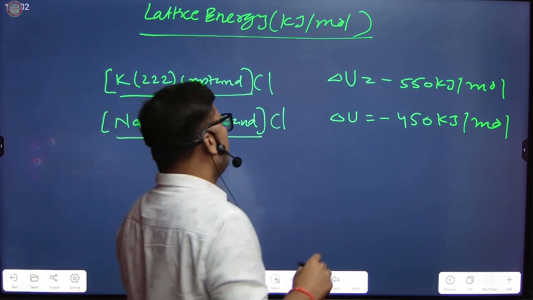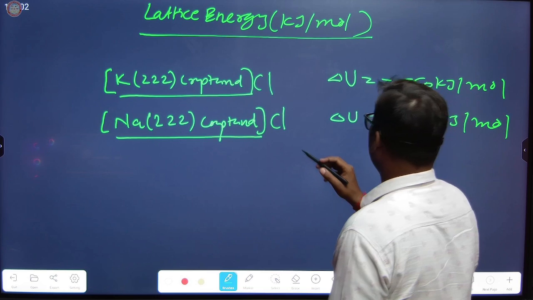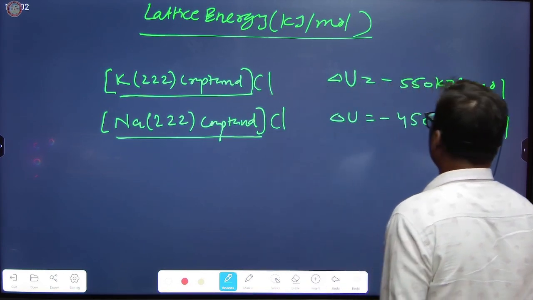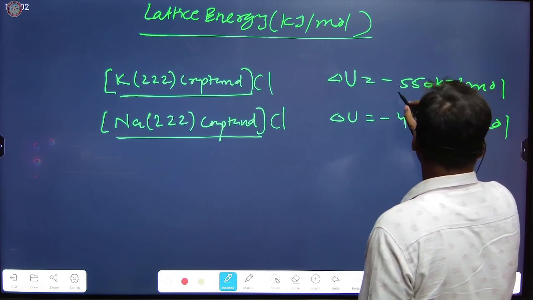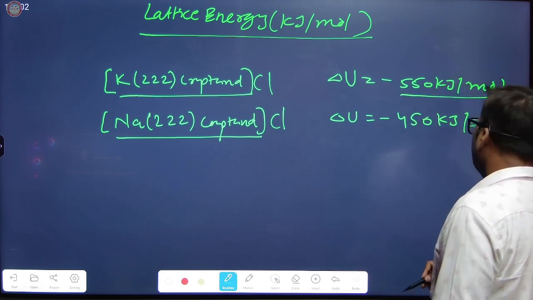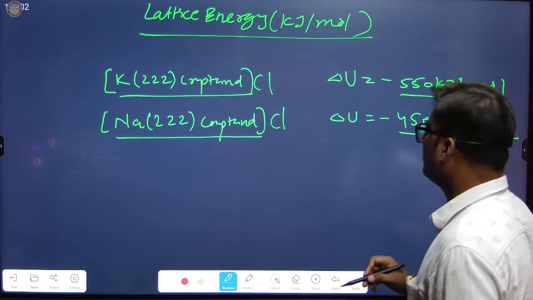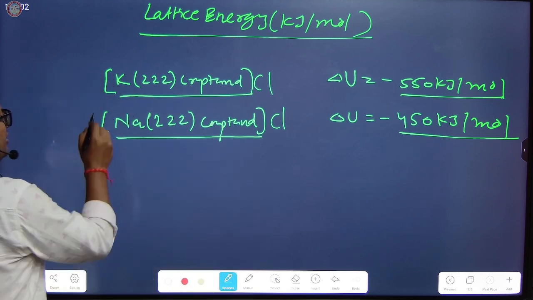Due to the electrostatic interactions, here this is positive charge and this is negative charge. So the lattice energy is minus 550 kilojoule per mole, and here 450 kilojoule per mole. Why does this come? Because of the size of the cations.